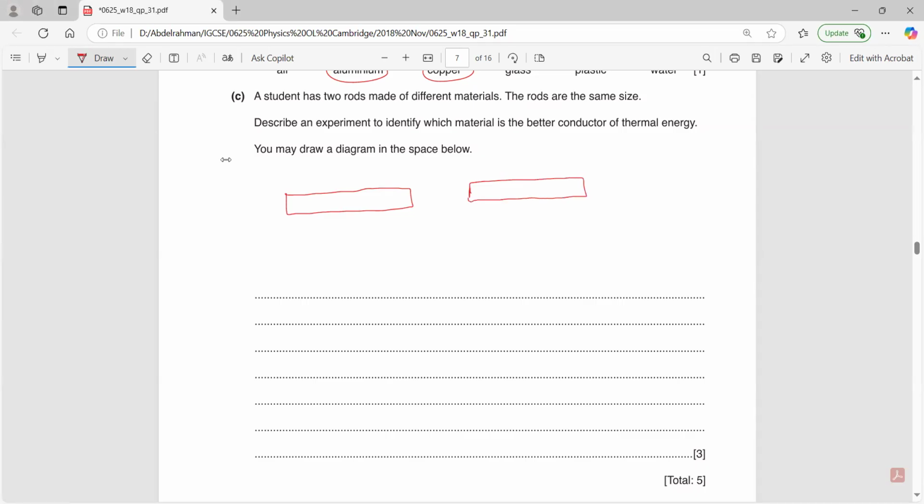They are both the same length, the same thickness, everything, and then we have the pins attached to the rods. Again, they are the same pins, attached using some wax. And then you have a heat source, a candle, a Bunsen burner, whatever heater. And this heater will start to heat up both rods.